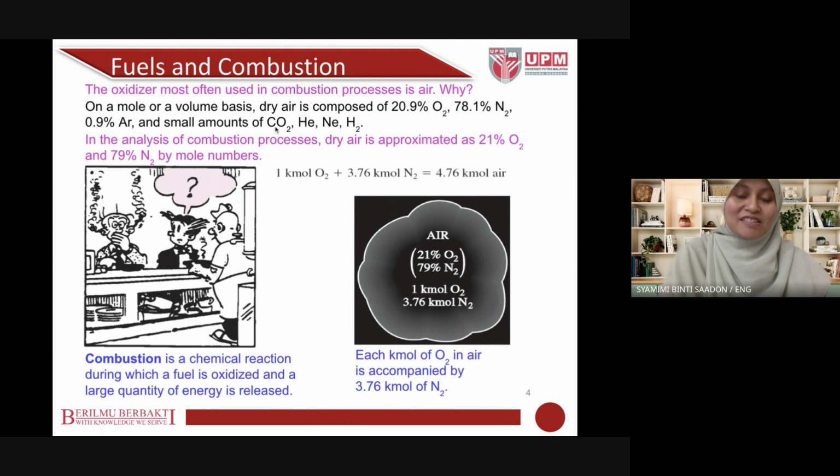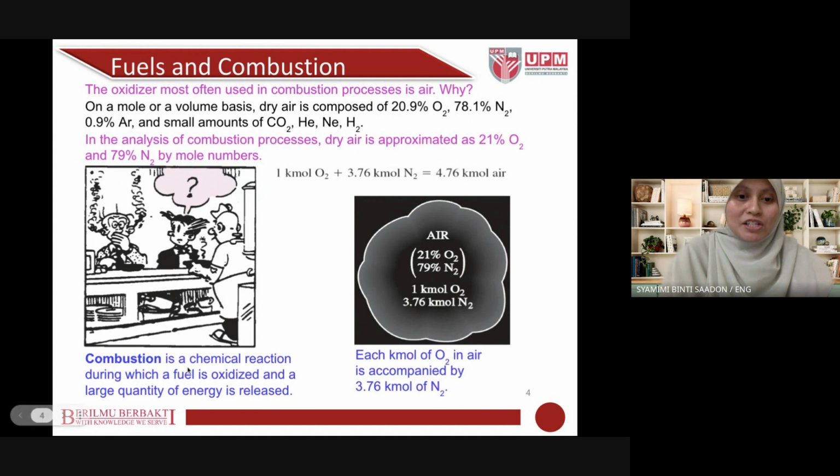We neglect the small amounts of the other chemical compounds. Using 21% oxygen and 79% nitrogen means we are just approximating and simplifying. Actually, dry air contains small amounts of other chemical compounds.